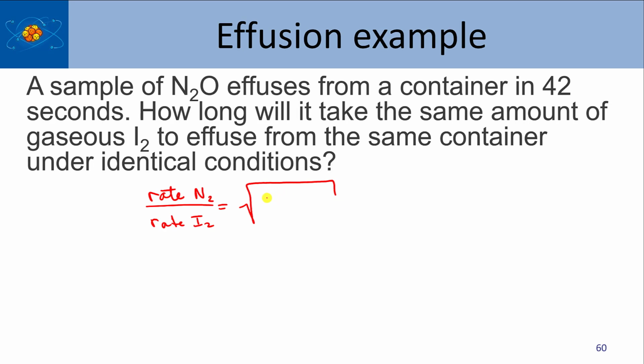So I would put the molar mass of I2, which is 253.809 grams per mole, and then for N2O, the molar mass would be 44.013.